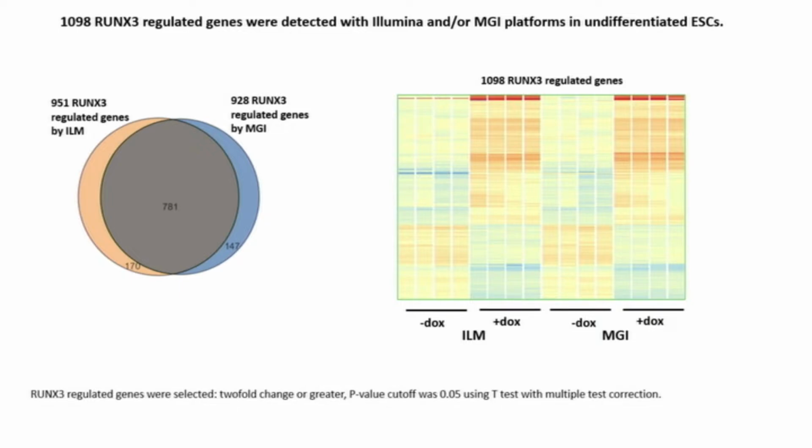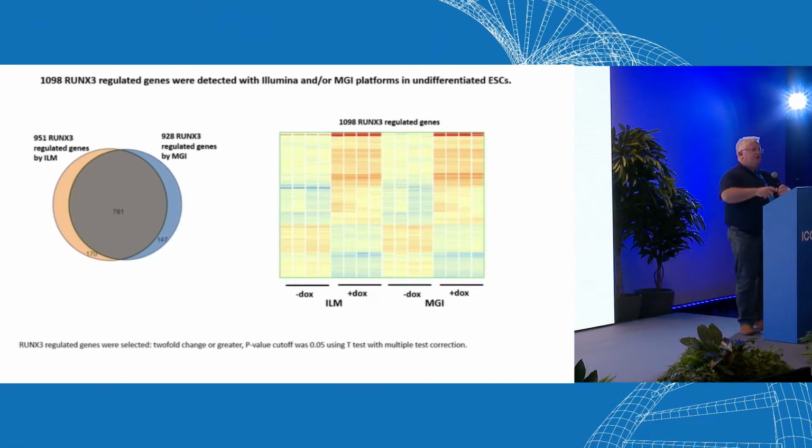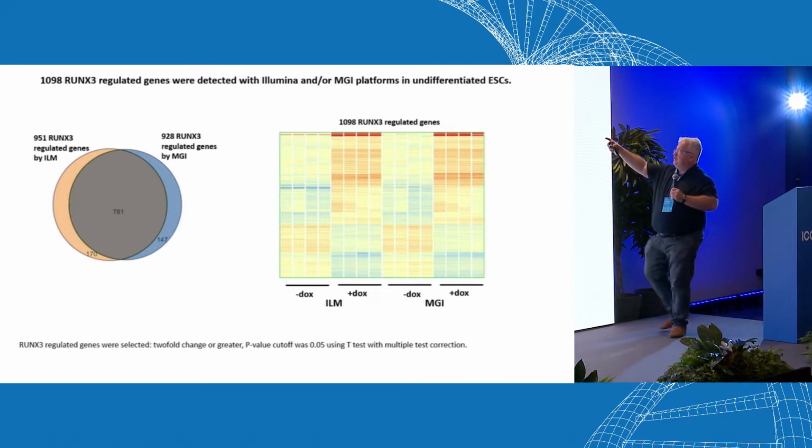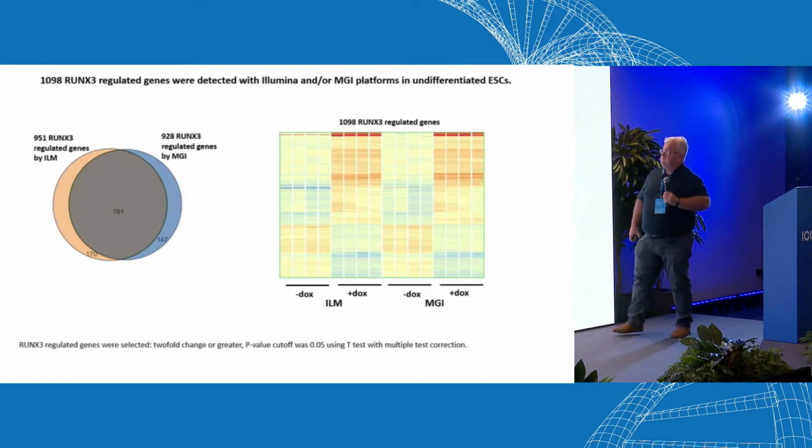So using both technologies, more or less the same genes can be regulated, and the regulation is quite similar. In this case, we only detected relatively few genes which show a high induction.